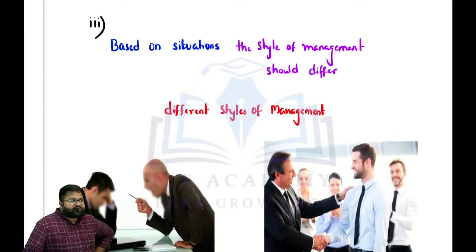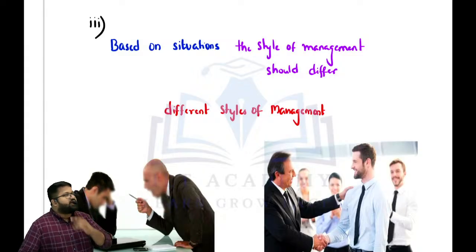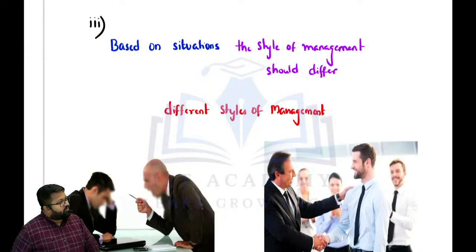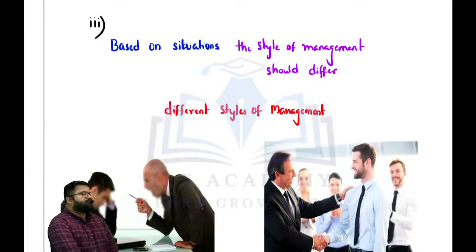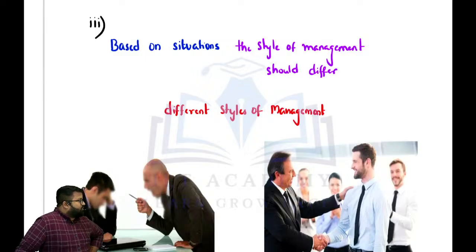So if the employees are good and genuine persons, is there a requirement of pressurizing them? Just by giving the basic information, they will get the task done. But if the employees are different kinds of people, they will not listen to you at all. Then which approach is best, ma? What type of approach is required there? No, they will never listen to you.